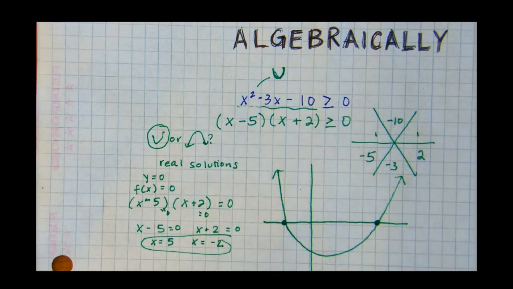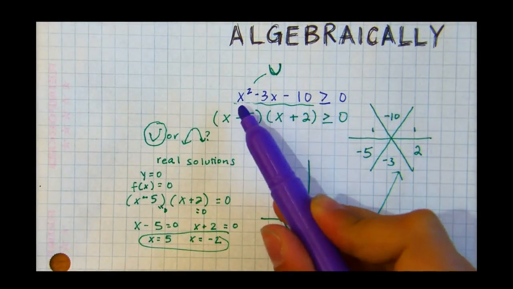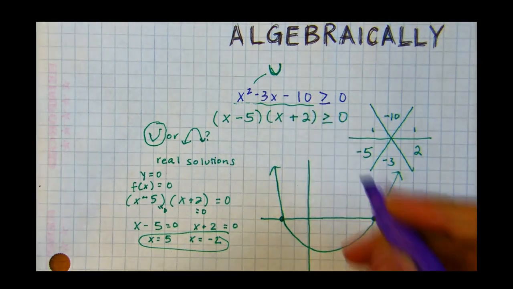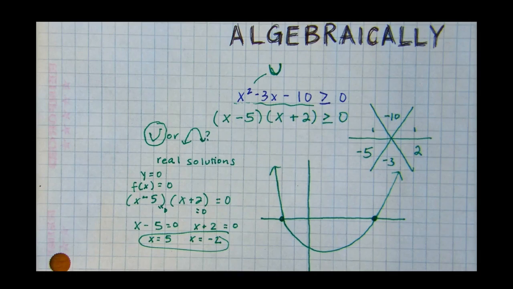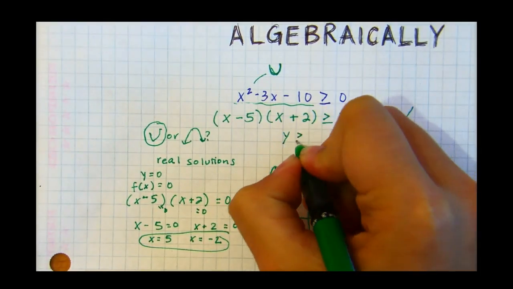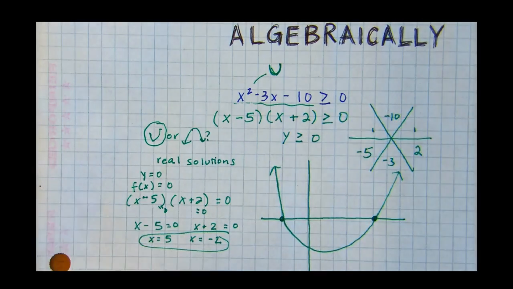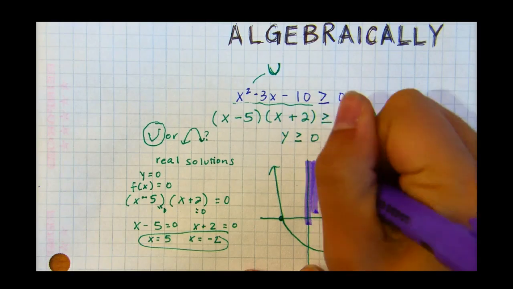Now that I have a sketch of my graph, I'm going to consider, well, where is my original function greater than or equal to 0? So this is asking the same question as the last 2 days. Where are my y values greater than 0? So I'm going to sketch the top half of my graph.